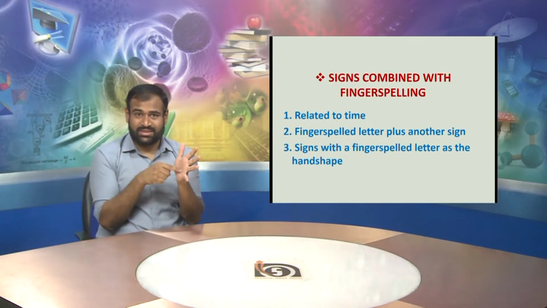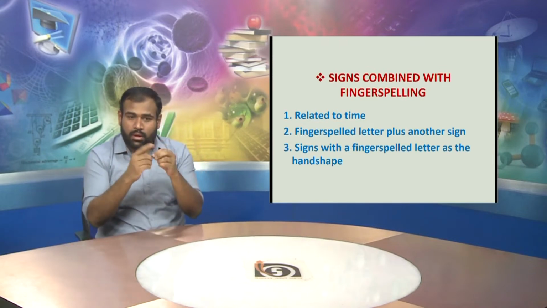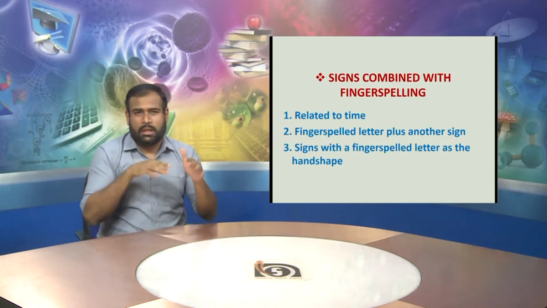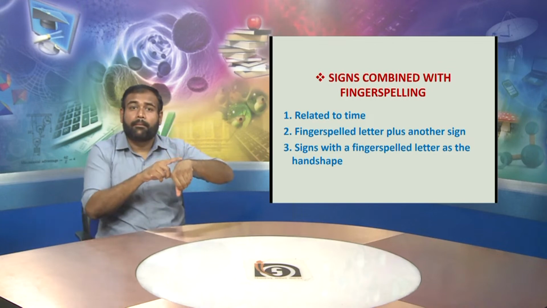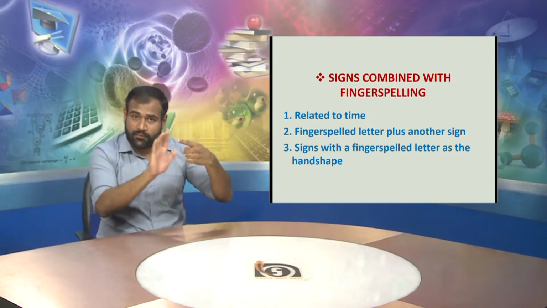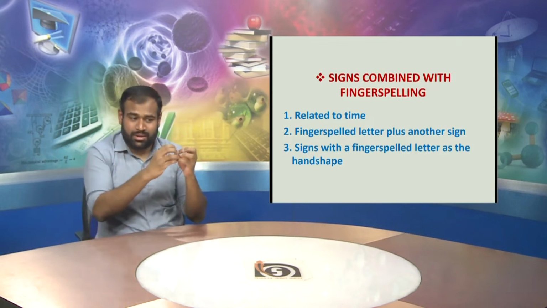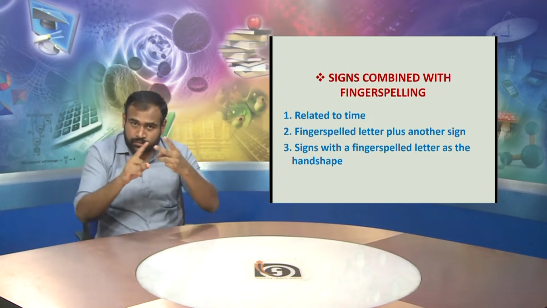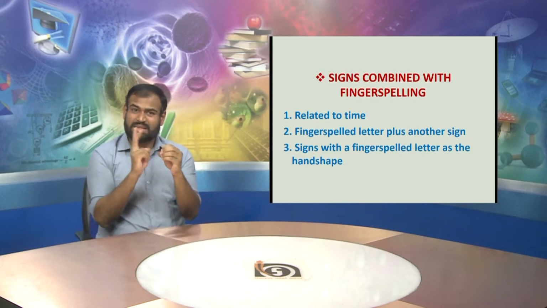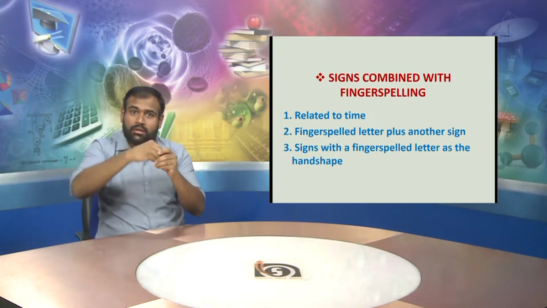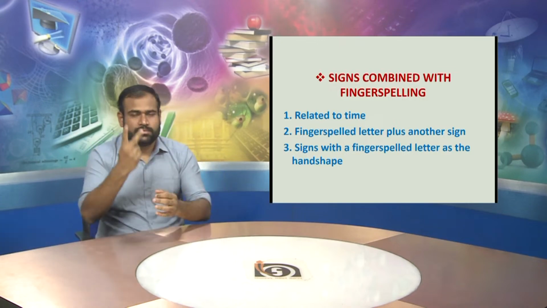Now here you can see signs combined with finger spelling. The first point tells that when signs are combined with finger spelling, they are related to time. Point 2 tells that finger spelled letters plus another sign.